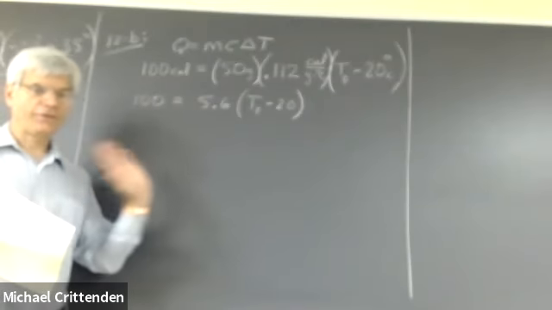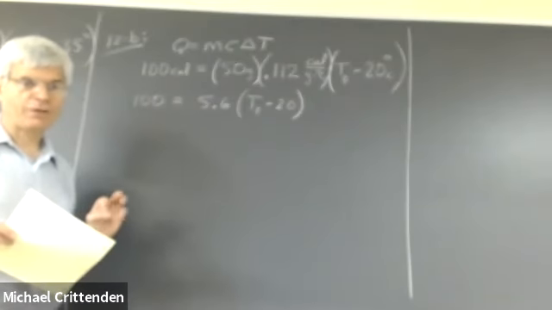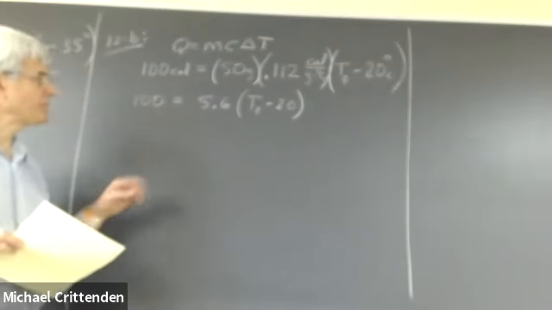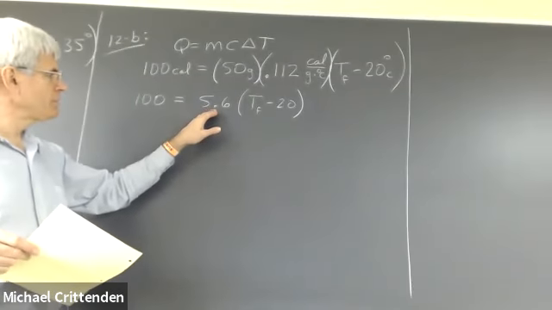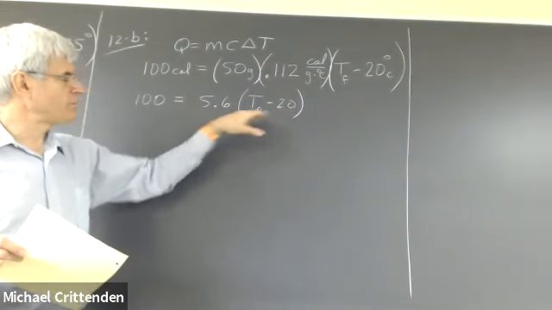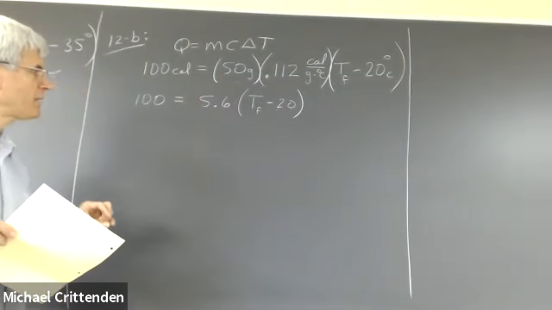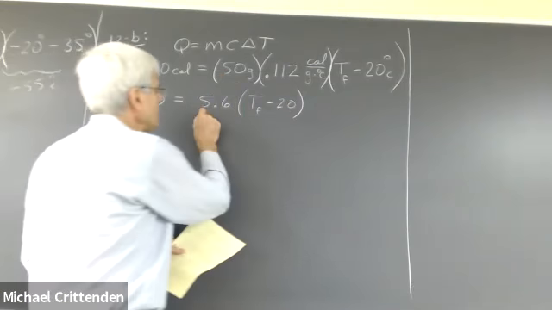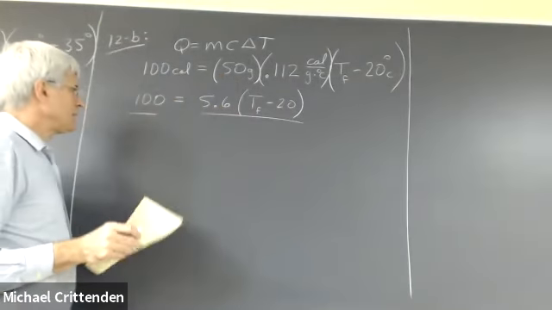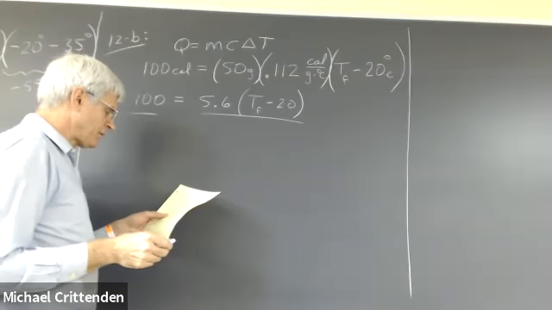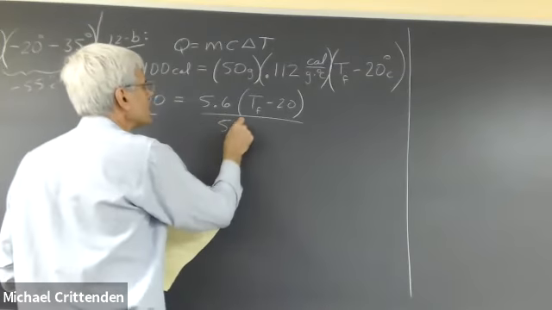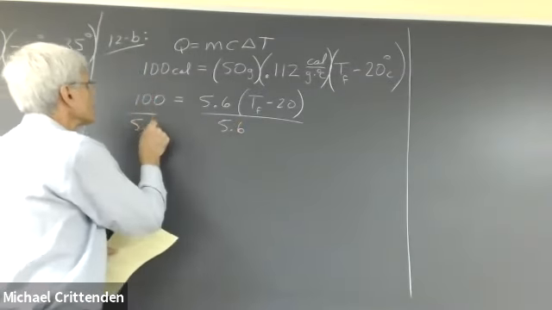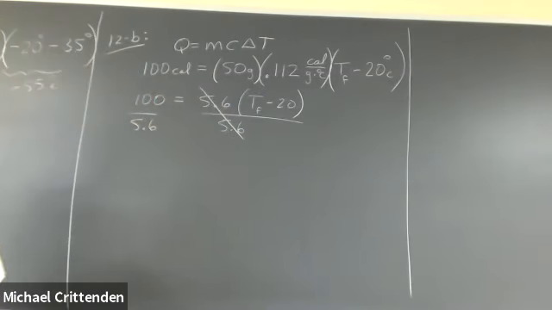And you know, there's different ways of working your way through the algebra that are all going to take you to the same place in the end. You could distribute the 5.6 across both terms for your next step. And I certainly wouldn't criticize you for that. But what I did that I thought seemed like it would get me to the answer a little quicker is I divided both sides by 5.6 to get it off of my variable.